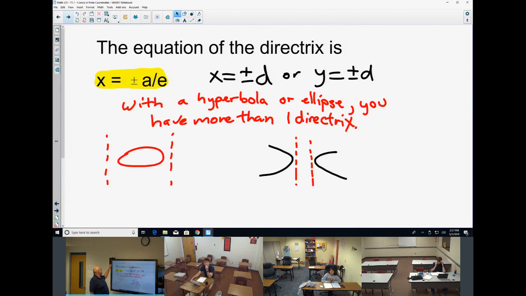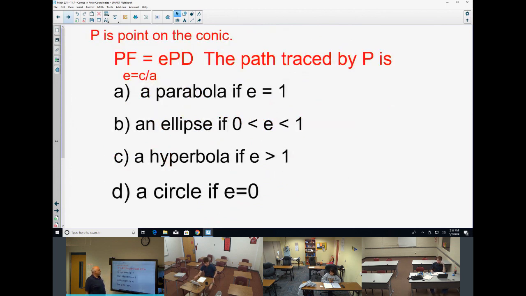All right, so another way that we can think of this is, suppose that P is a point on the conic. If PF is the distance from the point to the focus, and PD is the distance from the point to the directrix, so I'm going to put the little bar over it to make you think of this as a line segment.